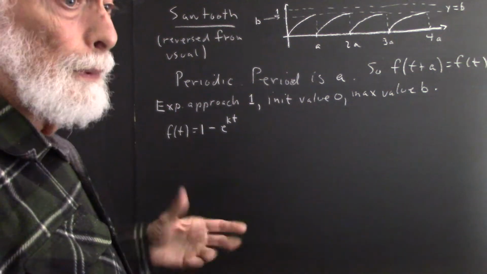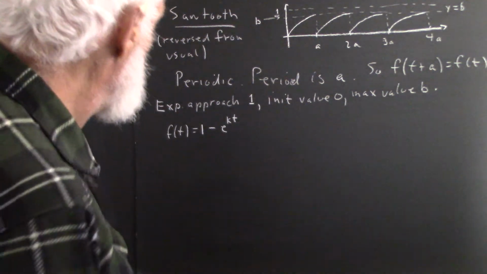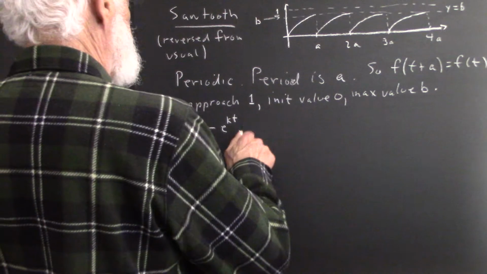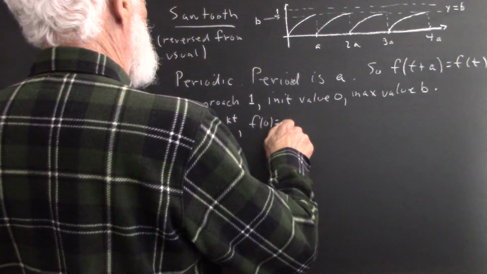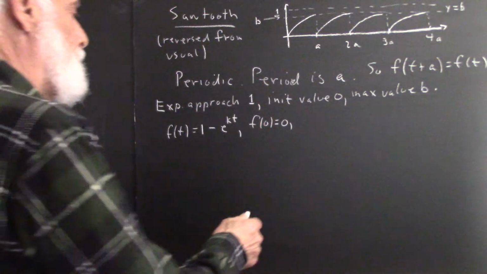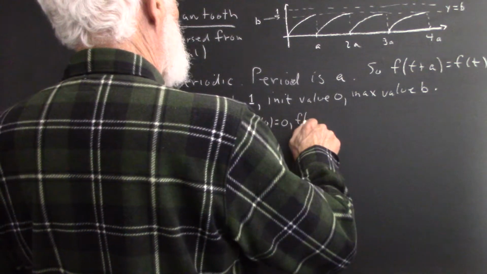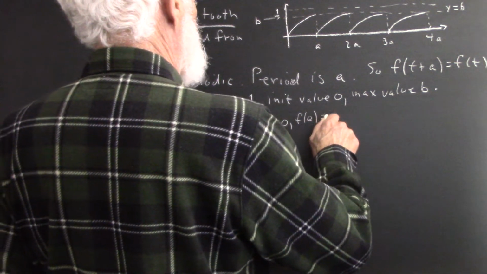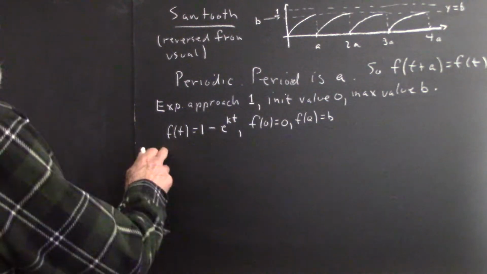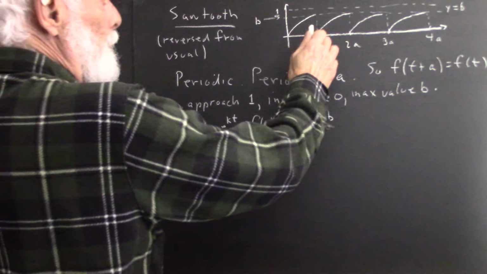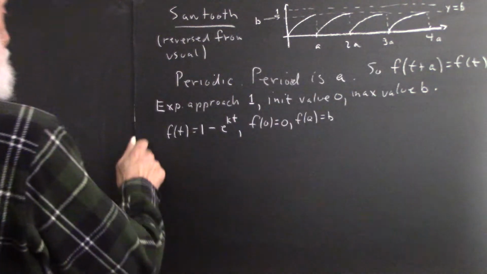Okay, we got to evaluate k. So f of 0 equals 0, and there it is. F of a equals b. And this is on just the first interval, because of course in the second interval everything shifts.